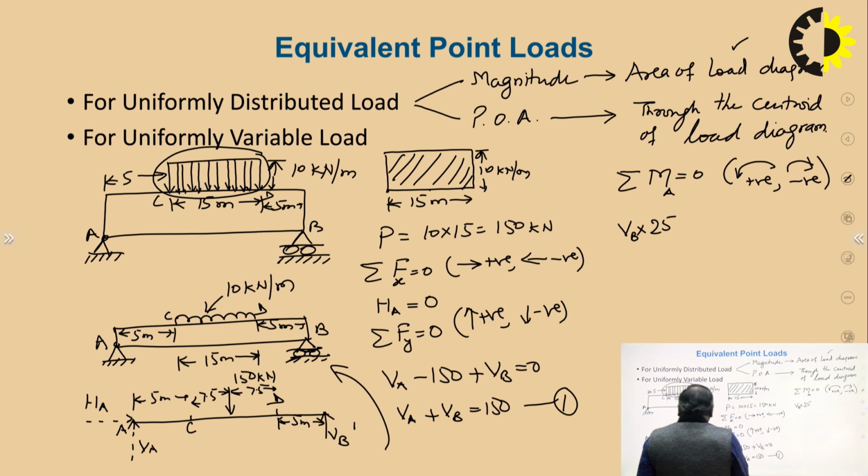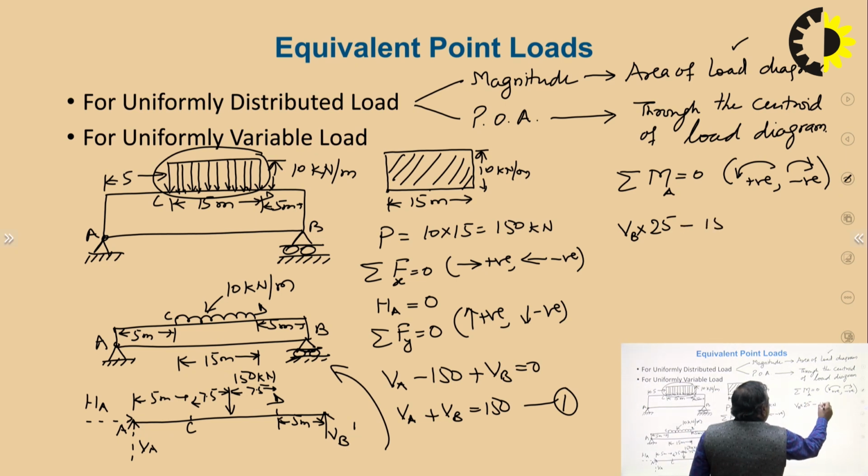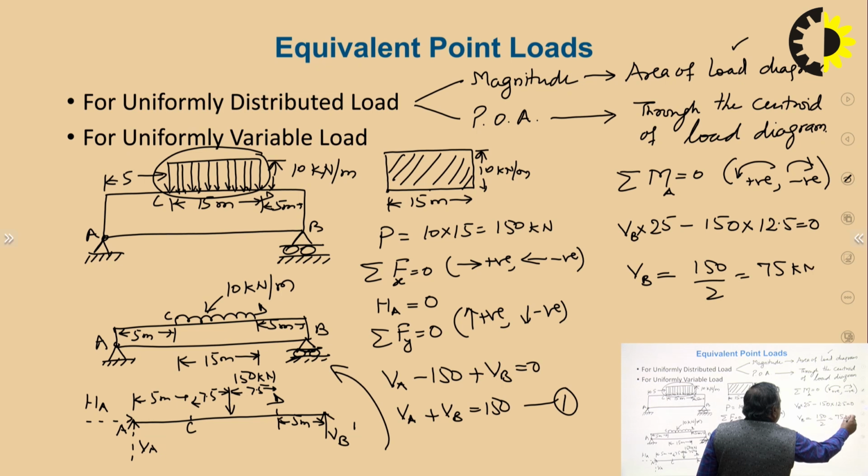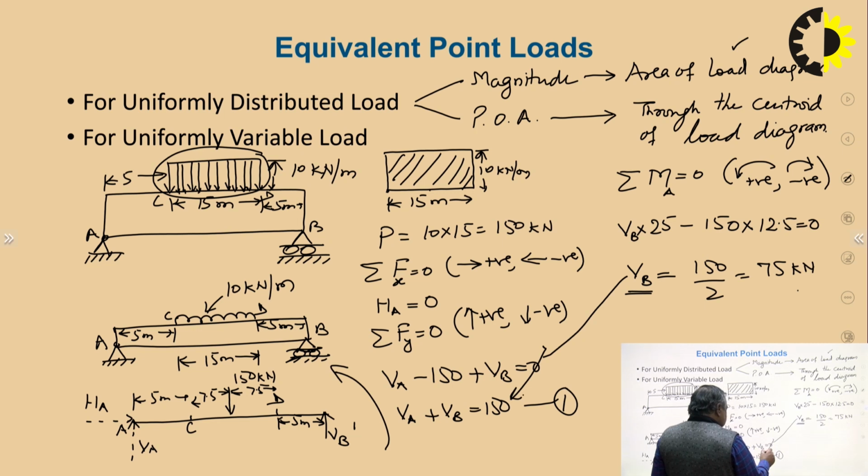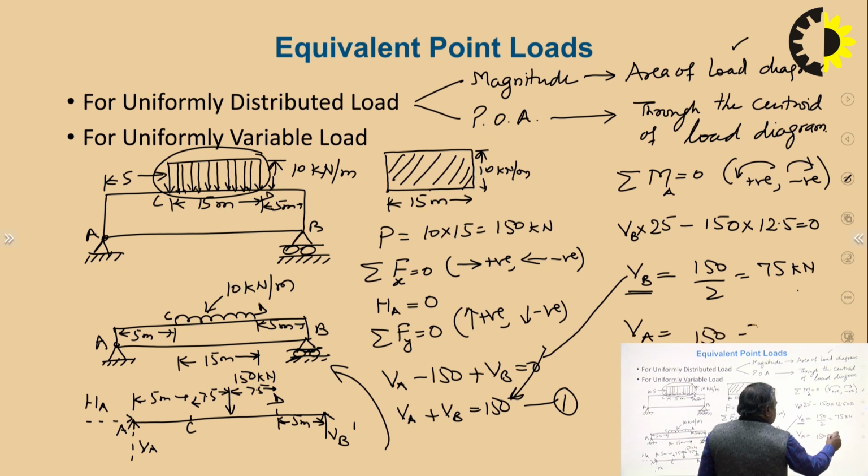Then 150 clockwise. So 150 multiplied by 12.5 is equal to 0. So VB is equal to 150 divided by 2 is equal to 75 kilonewton. I can put this value in equation number 1, and VA is equal to 150 minus 75 is equal to 75 kilonewton.